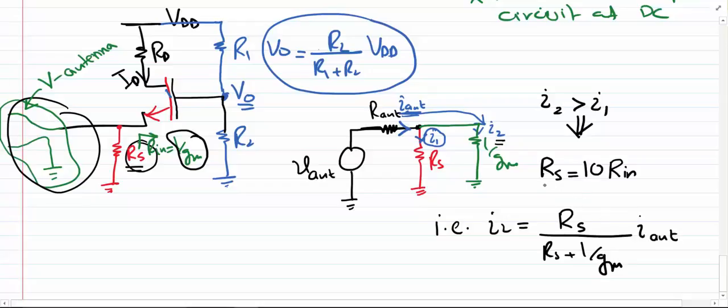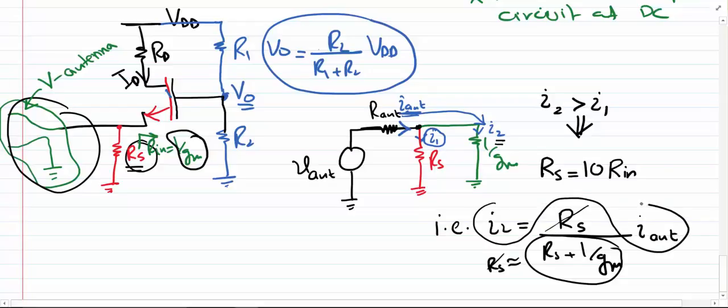Now if RS is quite large as compared to the input impedance, which in this case is 1 over GM, then that part turns out to be approximately equal to RS, and that RS cancels out, so we are left with I2 equal to I antenna, which is what we want, that all the desired signal must enter into the MOS device rather than get wasted in the RS. Remember that RS is being used to give a path for the DC current to flow, that is this DC ID or the biasing current ID to flow.